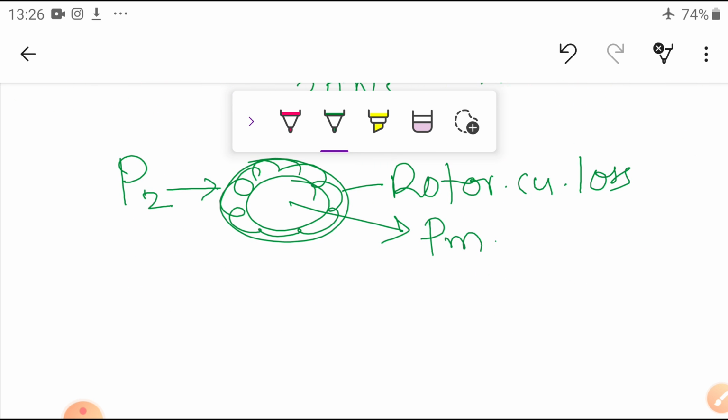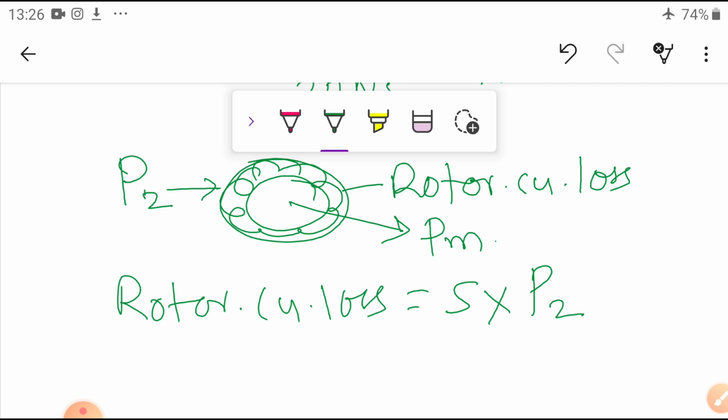We know the relations: rotor copper loss is equal to S times P2, where S is the slip.